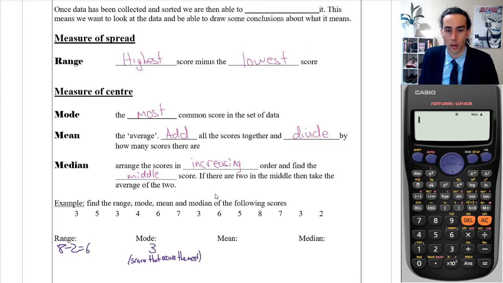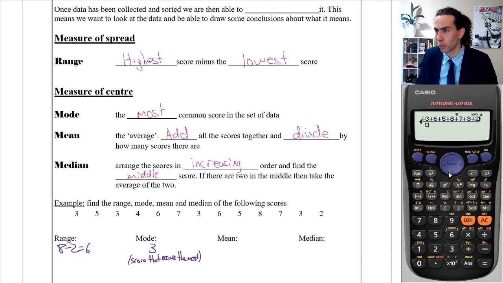The mean. Add them all up and divide. So this one takes time. Calculator. Fraction. 3 plus 5 plus 3. I could do this in my head, but based on my mistakes, I think I should just use a calculator.